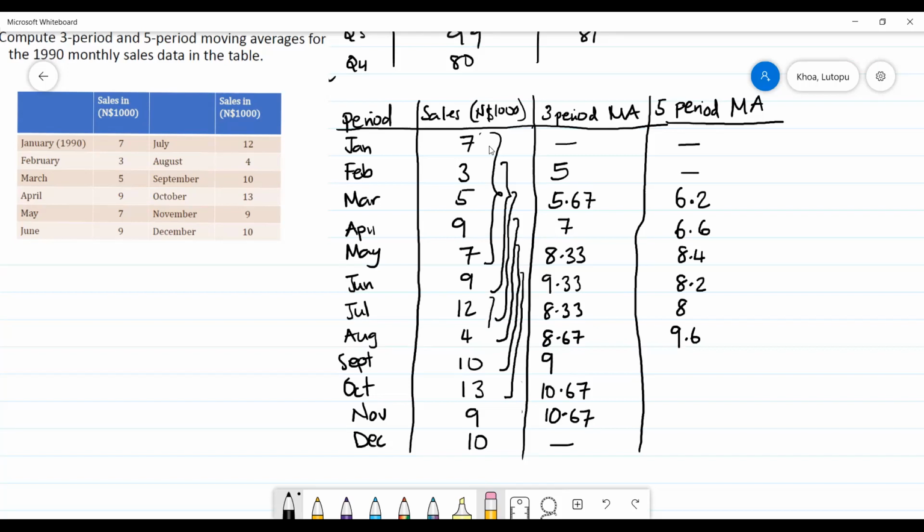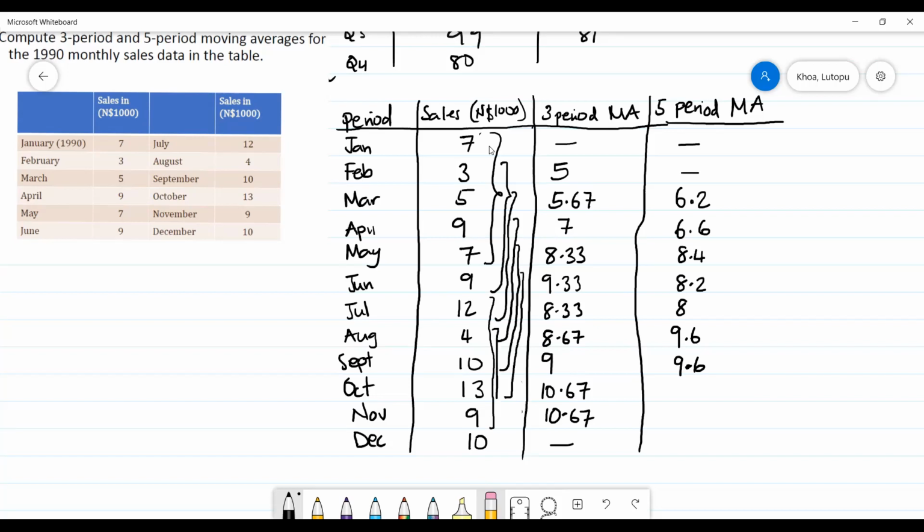Here we have 12 plus 4 plus 10 plus 13 plus 9. This is 48 divided by 5. This is 9.6 again. Okay, 9.6 again. So just check that you add the values correctly.